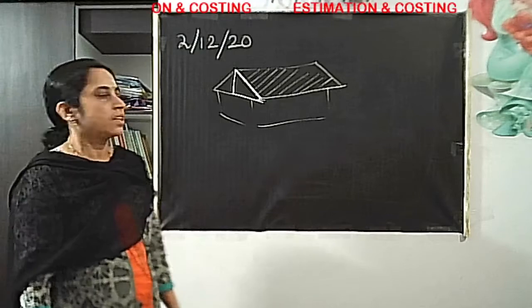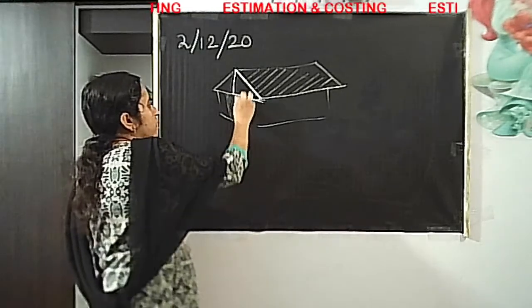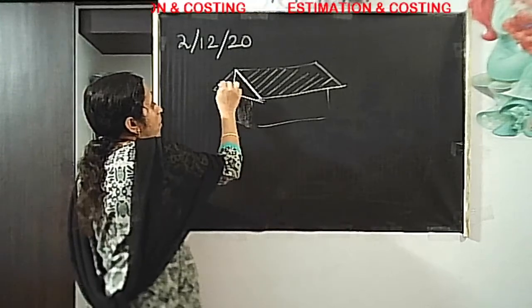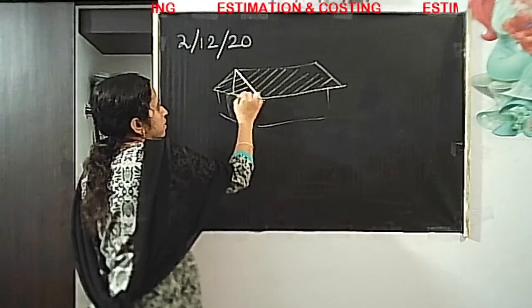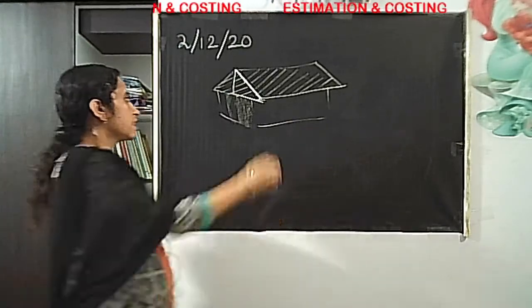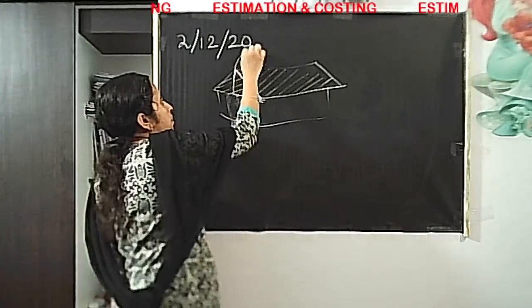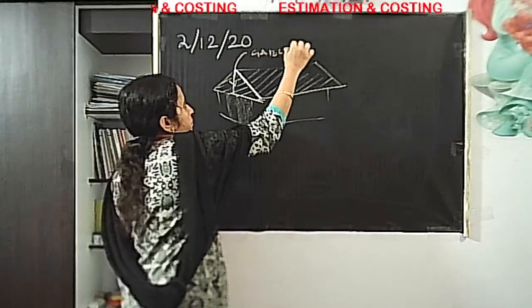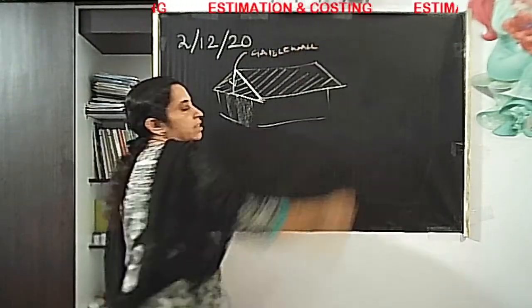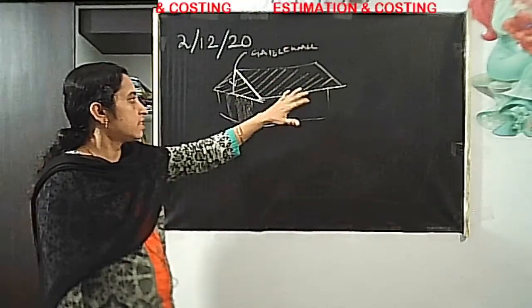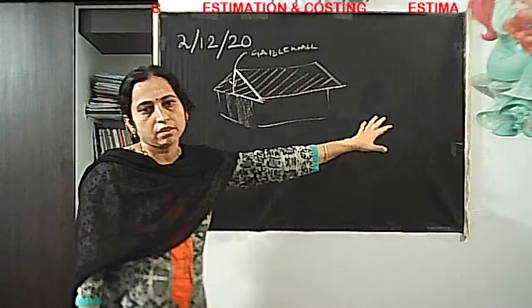This wall has a height of 2 meter up to here, and there is an additional wall here, which is called the gable wall. There is a gable wall on two sides, in the front and also at the back.